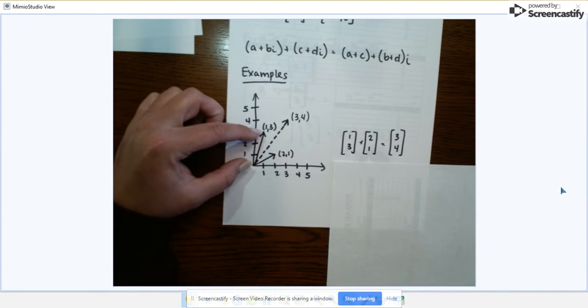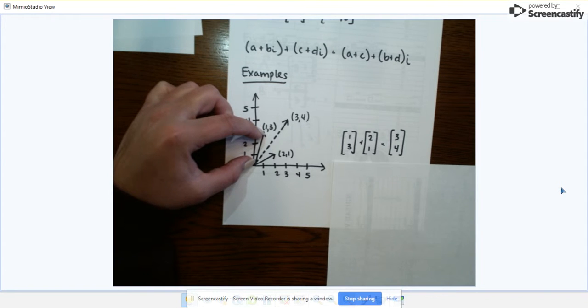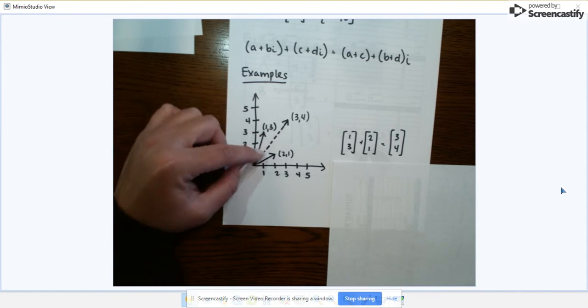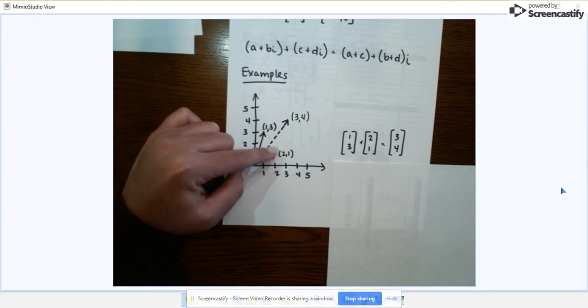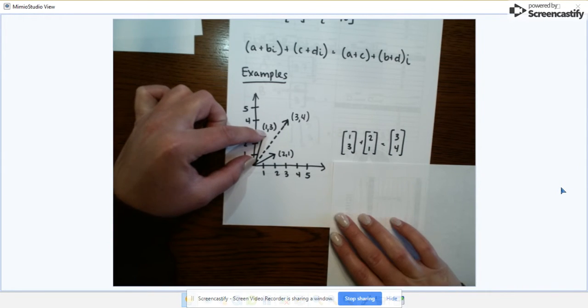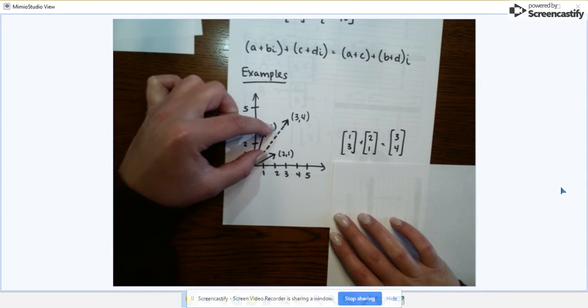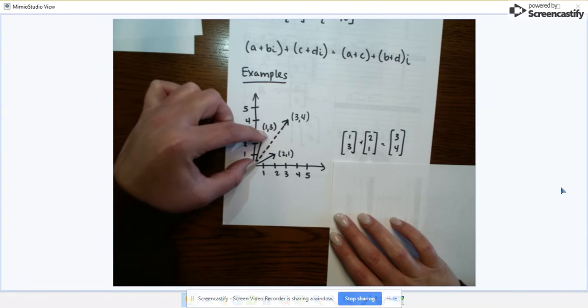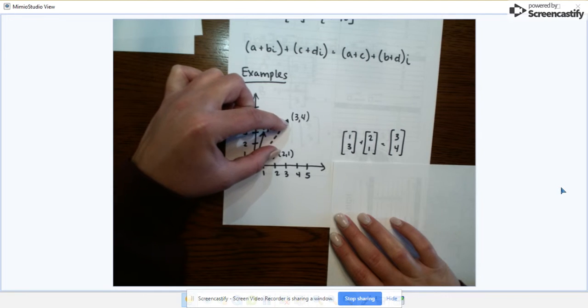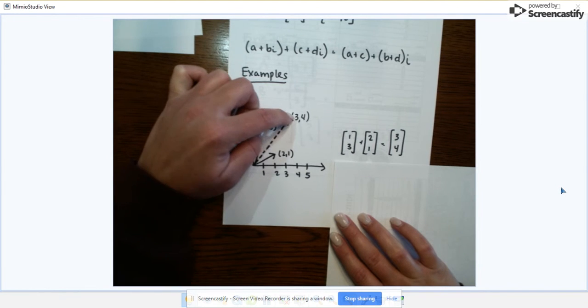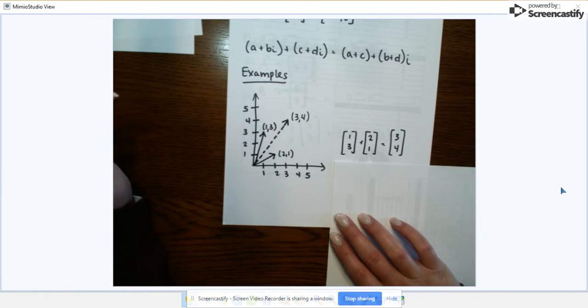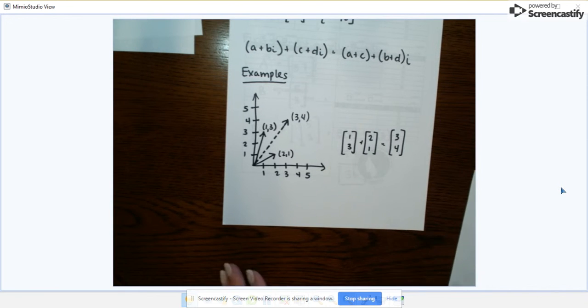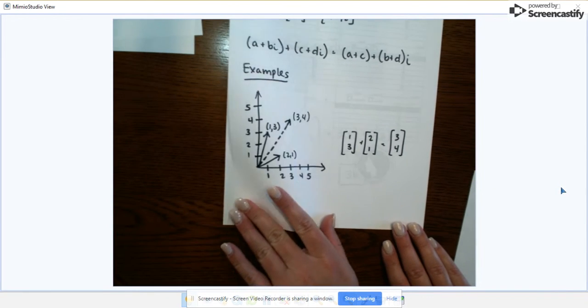If you can envision, and you can sketch this on there, if you were to take 2, 1 and add this 1, 3 vector, imagine sliding that vector to the top, to that endpoint. So I slide this over here. That gives me that resultant vector, 3, 4. Your book does a good job showing a picture of that too.